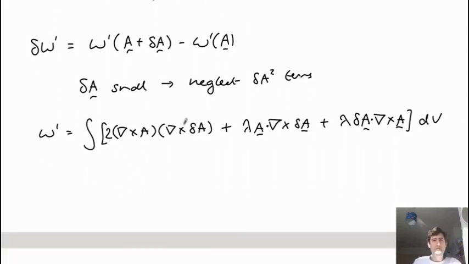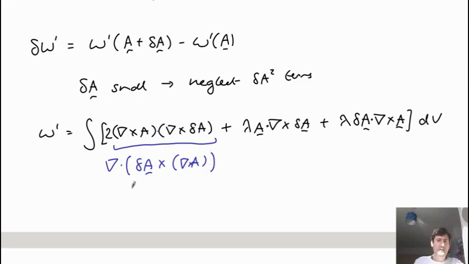Okay, so now we can manipulate this and use some vector identities. So this first term here, you can write in terms of a divergence term, so there's a dot product in here. You can turn this into a divergence of delta A cross curl of A, and then if you expand this out, you get a second term.